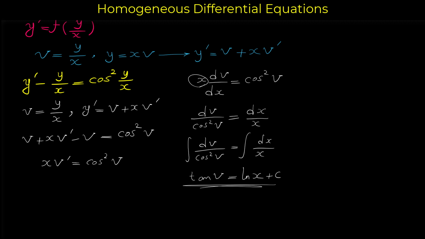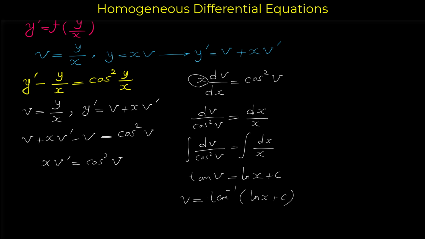Now, if you want to find v explicitly in terms of x, we have to get rid of this tangent here. The inverse of tangent is tangent inverse, or arctangent. So from here, we can say v equals tangent inverse of ln of x plus c.